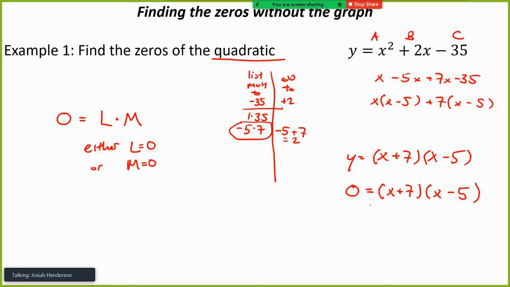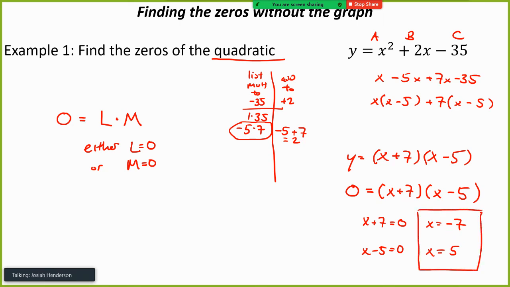So continuing on the right side of the screen, at this point we're saying, okay, x plus 7 is equal to 0. What is x? X is negative 7. Then you say, okay, the other one, x minus 5 is 0. What is x? X is positive 5. And here, we've just found the two zeros of this quadratic.